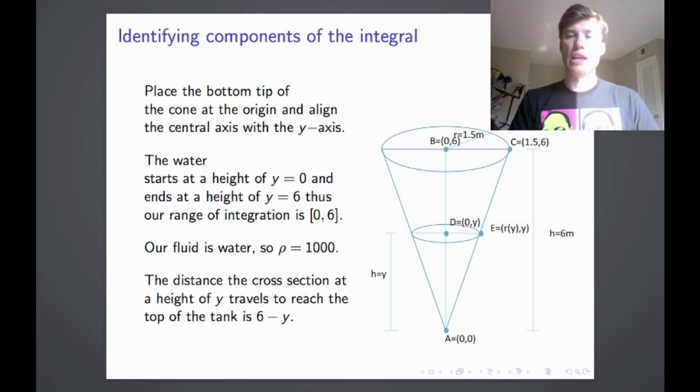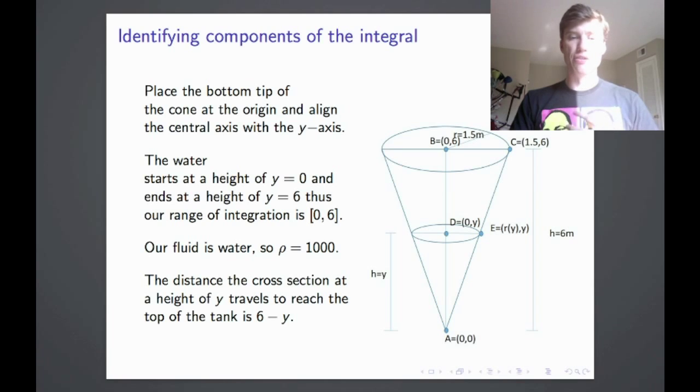And if we have a cross-section here, this represents an arbitrary cross-section at a height y. What distance will we have to lift this cross-section? We will have to lift this cross-section from here up to here. So the distance between this point, which is labeled B, and this point, which is labeled D, is 6 minus y.